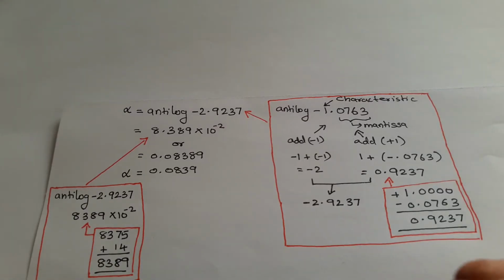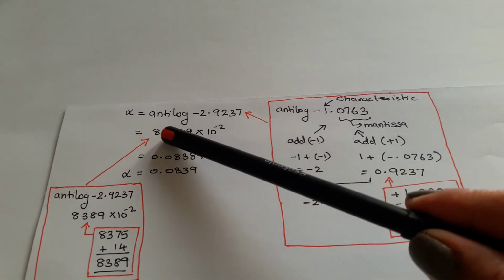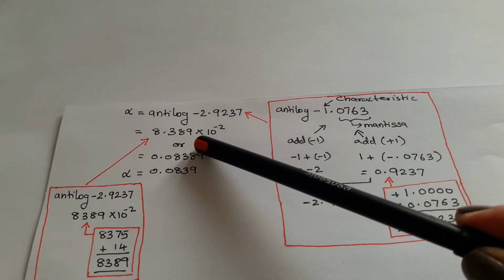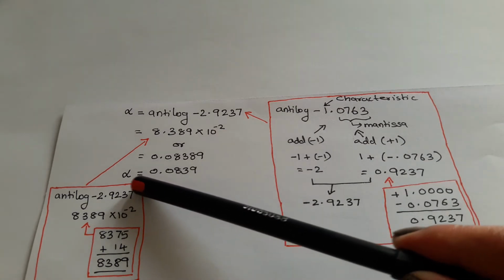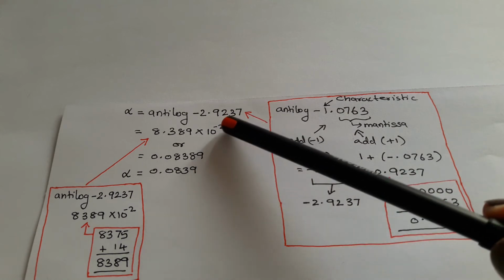After adding, we get 8389, so we write here, and after one digit we place the decimal. Characteristic is minus 2, so we write into 10 raised to minus 2, or we can write it as alpha is equal to 0.0839.